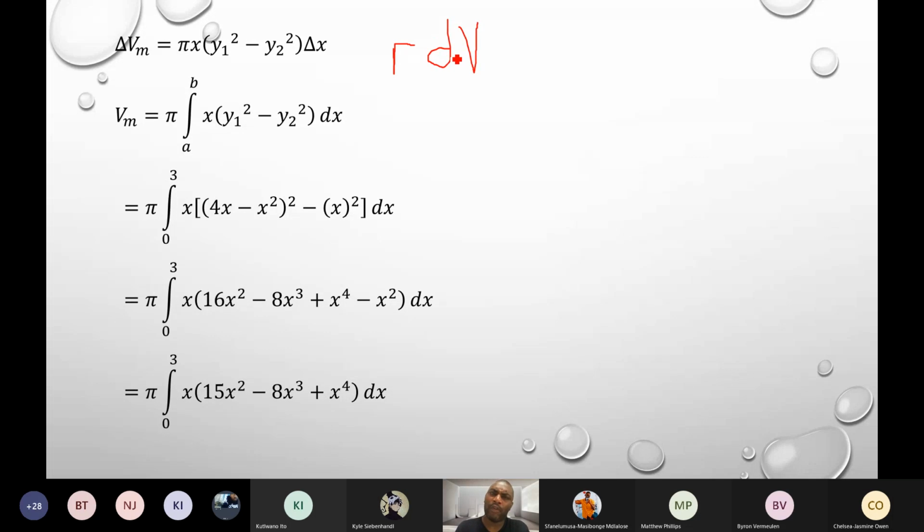So if it's volume moment about the y-axis, my R is X. And then my dV is pi bracket y1 squared minus y2 squared.